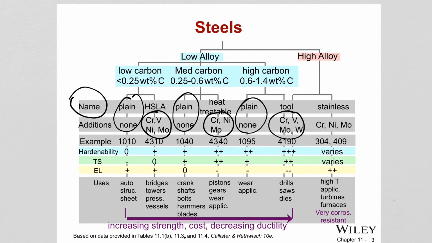Besides that, they also belong to the high alloy category because they have a variety of alloying elements other than carbon. And stainless steel belongs to high alloy steels, meaning besides carbon it has other alloying elements such as chromium, nickel, molybdenum. These of course induce different types of properties to the material, such as very high corrosion resistance or high temperature resistance.